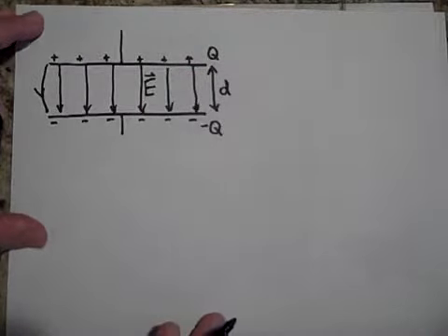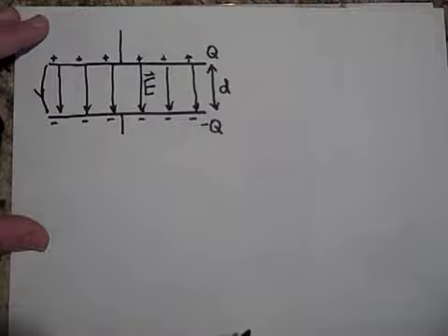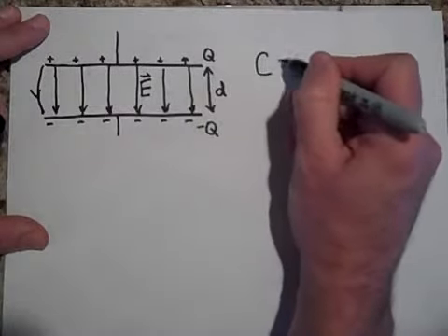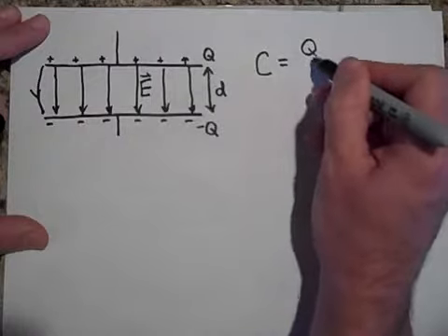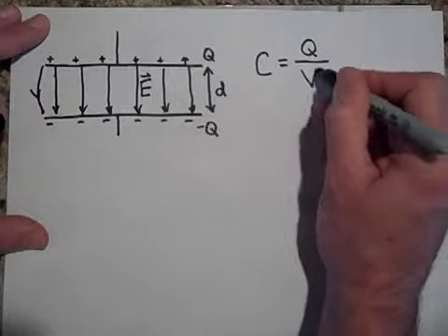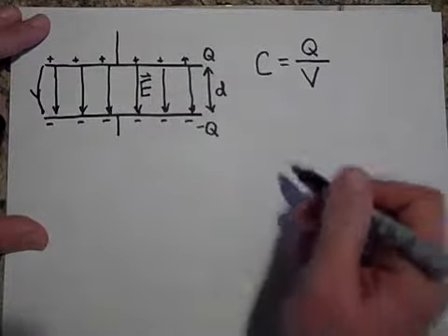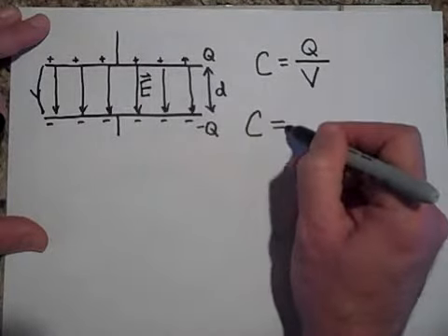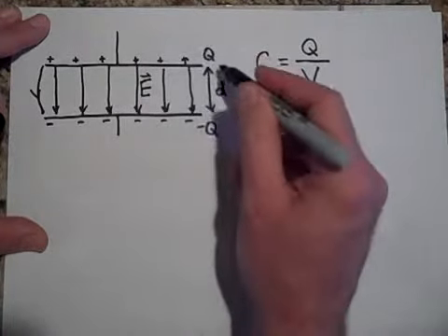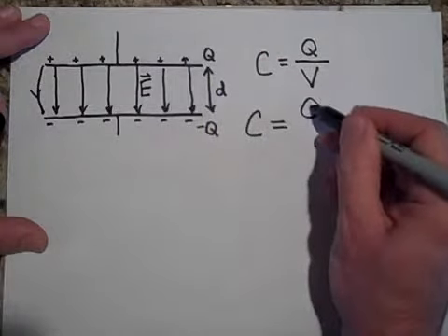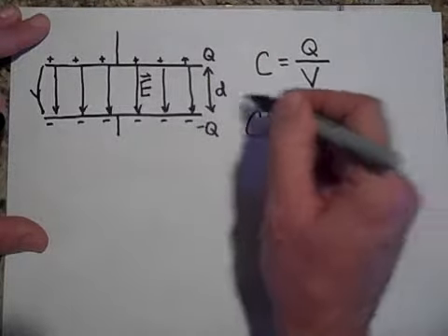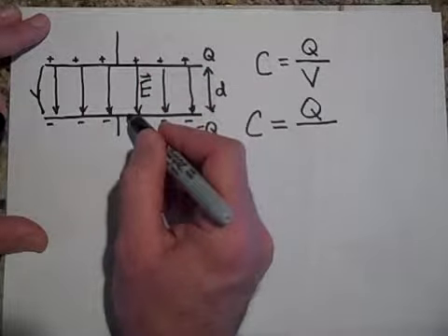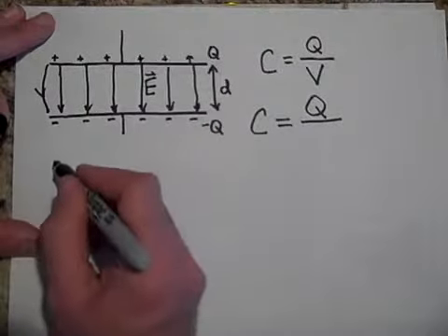All right, now with this type of a capacitor, if we use our definition for capacitance, C equals Q over V, then the voltage across this capacitor, if we charge this up Q, is, if I do a path integral from here to there, then let's just remind you how you get that.